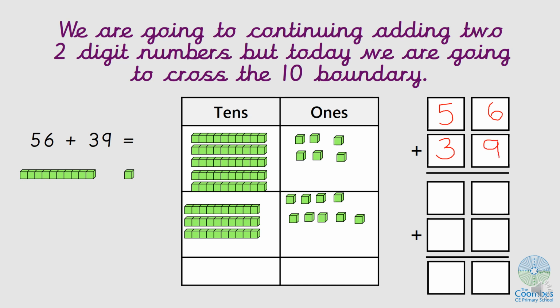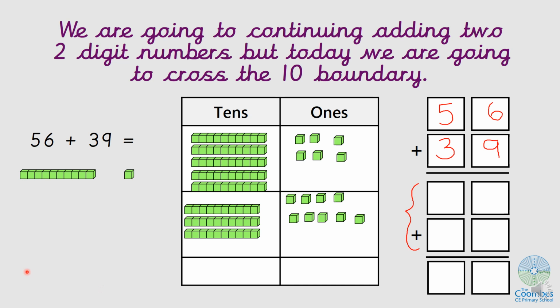And remember, our new answers we're going to be writing in the expanded part of our column addition because it goes over the 10. Let's add up our ones first. 1, 2, 3, 4, 5, 6, 7, 8, 9, 10, 11, 12, 13, 14, 15.